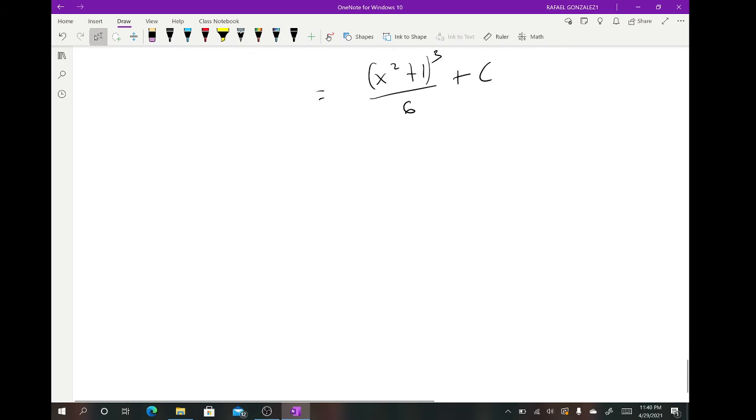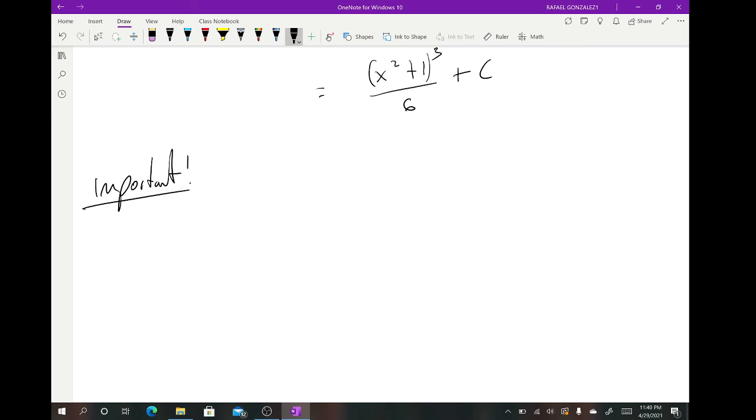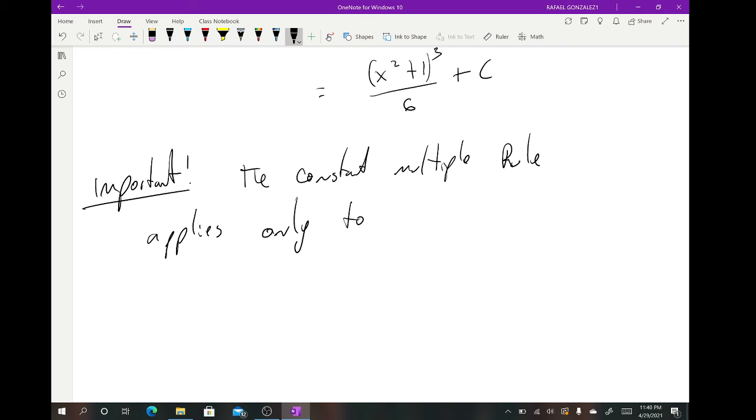Now, there's something important, and you need to take note. The constant multiple rule, which allowed me to multiply by 2 and divide by 2 at the same time, applies only to constants.